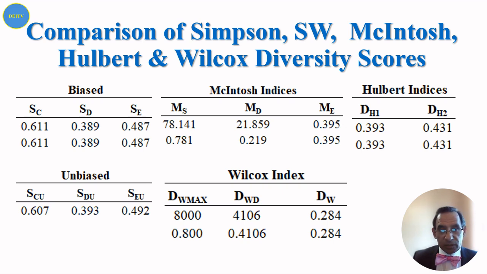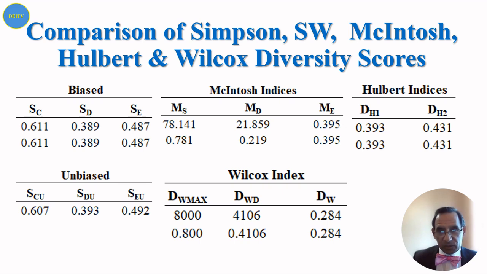Again, the Wilcox index is smaller than that. Recall that the McIntosh index is also partially based on the Simpson index. Its formula is a little bit more complex, but still we get a diversity score of 0.395. Again, the Wilcox index yields a diversity score of 0.284.